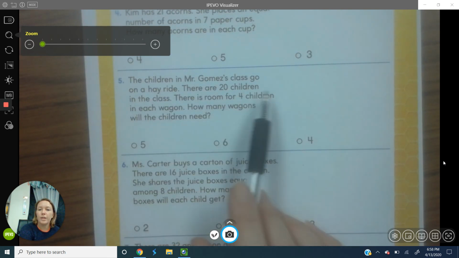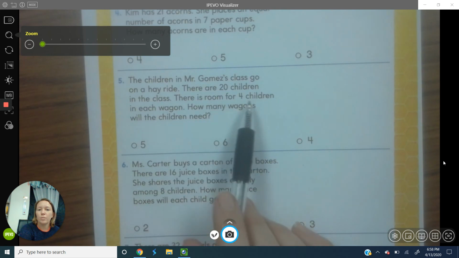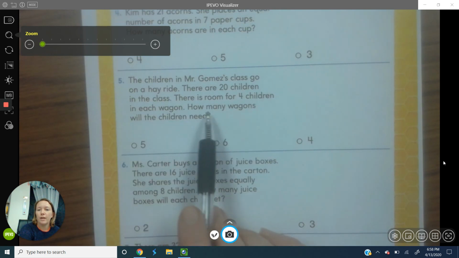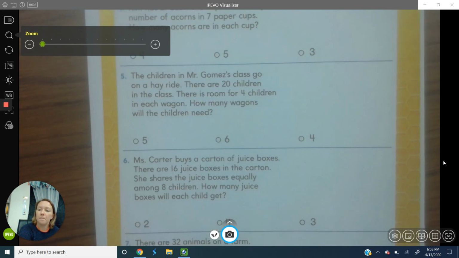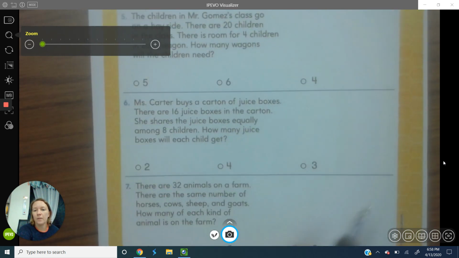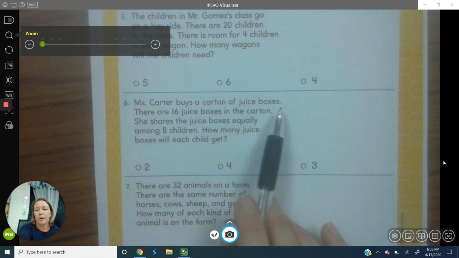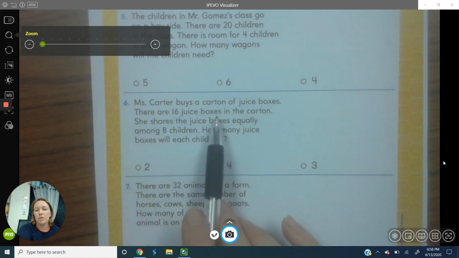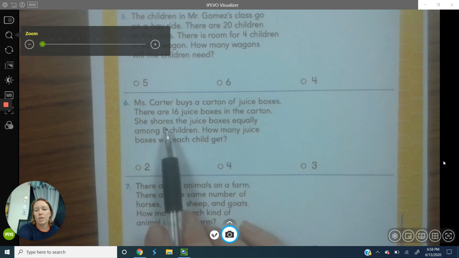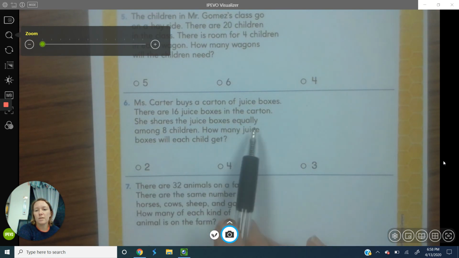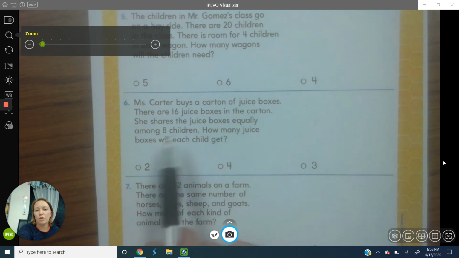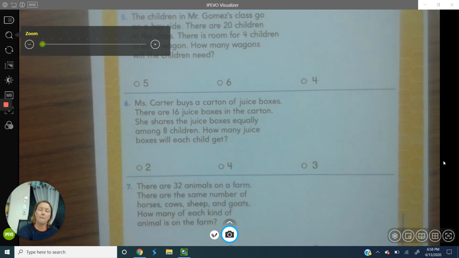There are 20 children in the class. Miss Carter buys 16 juices. She shares the juice equally among 8 children. How many juices will each child get?